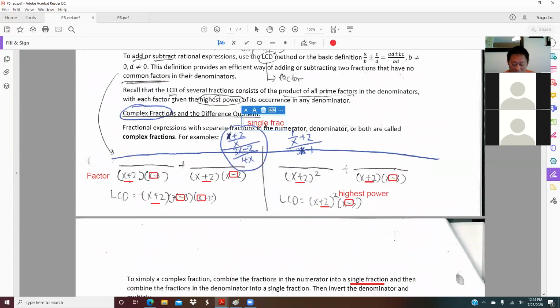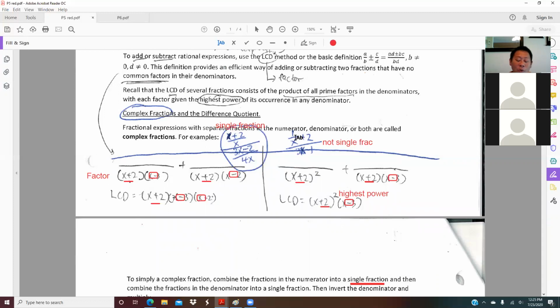Okay, so this is the single fraction here, the one over here. The reason why I say this is a single fraction is because everything is aligned like a 4-story building. Like this is the first story, second story, third, fourth, like a 4-story building. This is called a single fraction. The other one is not a single fraction. Okay, the reason why is because of the 1 minus x, which makes it not a single fraction.